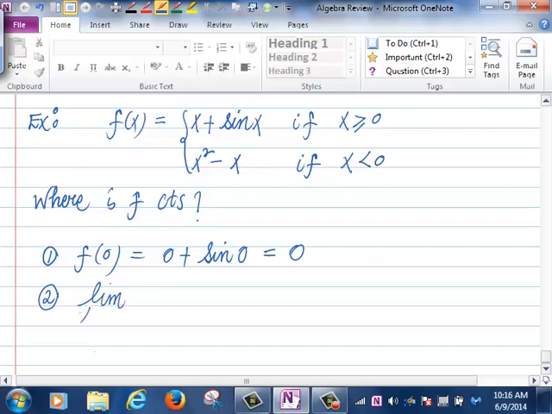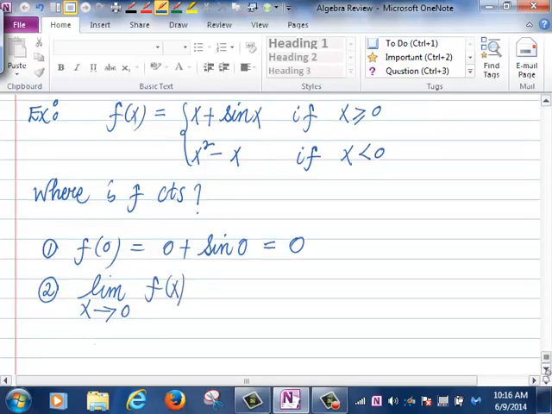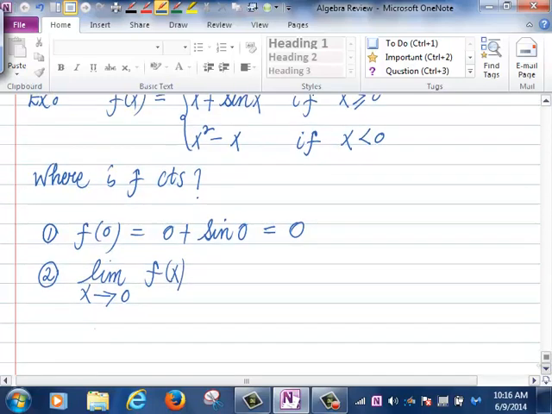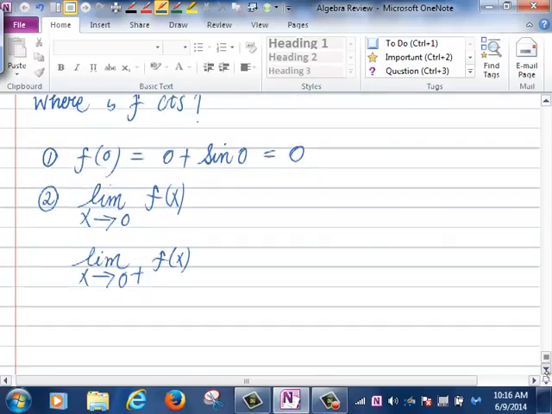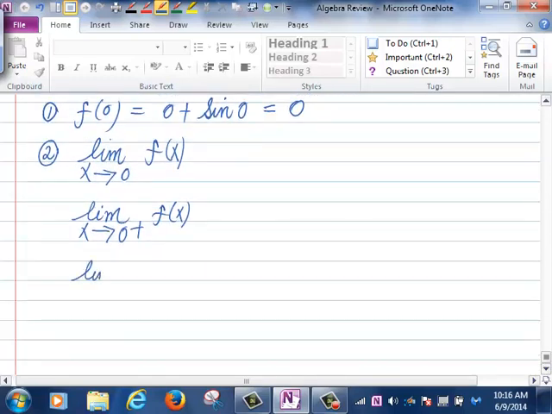Now, second thing that I have to check, what's the limit as x goes to 0 of f of x? Well, it's a very easy thing to do. I have to check the two-sided limits. The limit as x going to 0 from the right of f of x, and the limit as x going to 0 from the left of f of x. What is this?